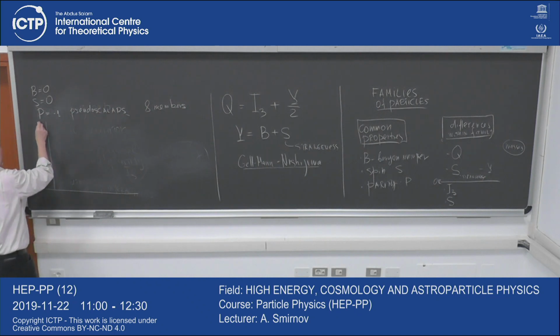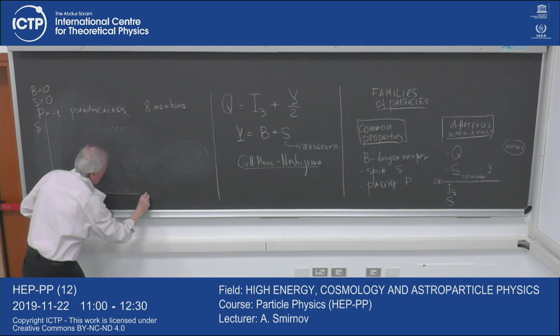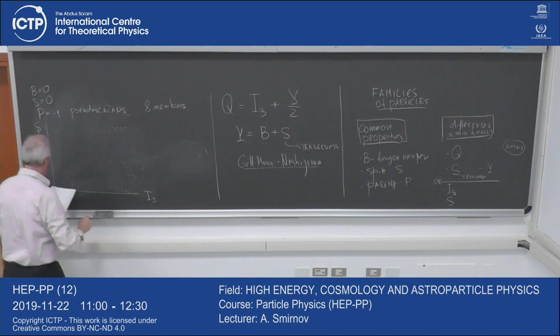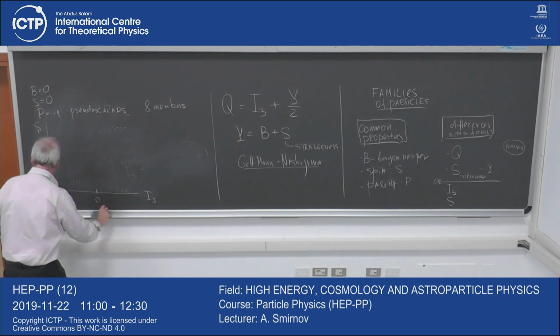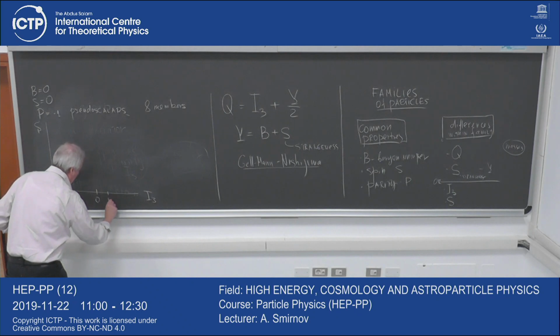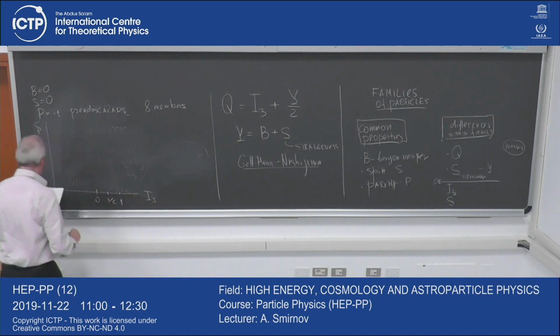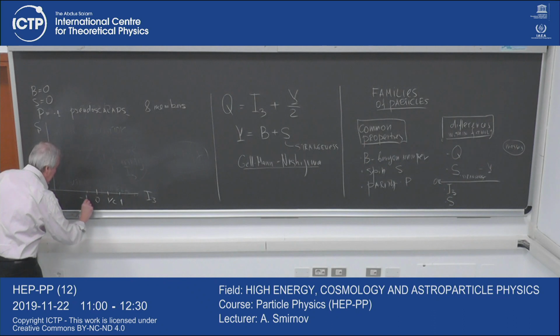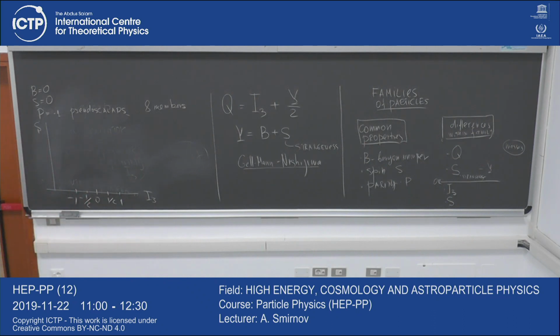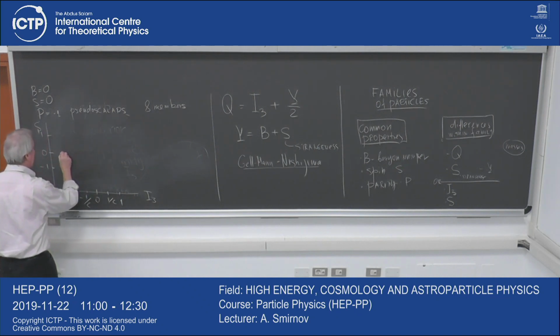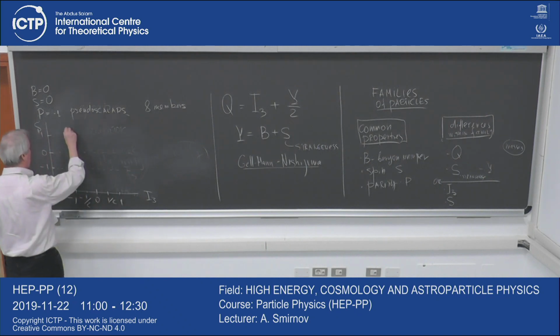And let me put this in the plane of strangeness and the third projection of isospin. 0, 1/2, 1, -1/2, -1. And for strangeness, 0, 1, and -1. So let me put it first for construction.